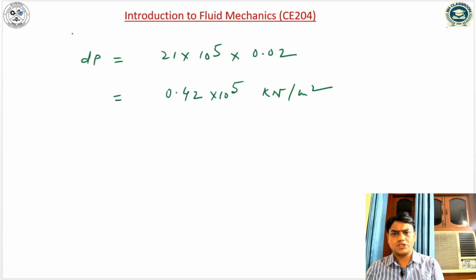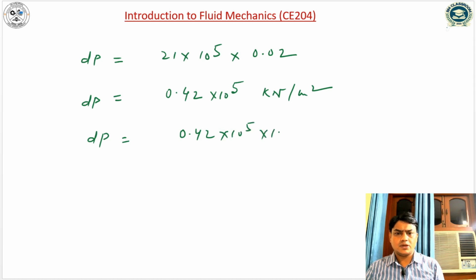So change in pressure is 21 into 0.02, so it will be 0.42. So we can write dP is equal to 0.42 into 10 to the power 5 into 10 to the power 3 Newton per meter square.